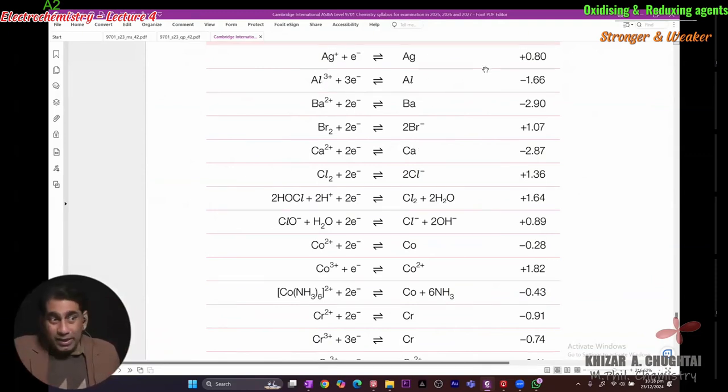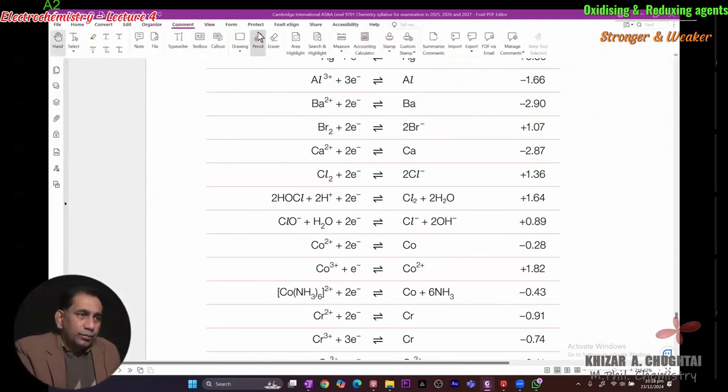In each half cell, we connect two different oxidation states of the same element.